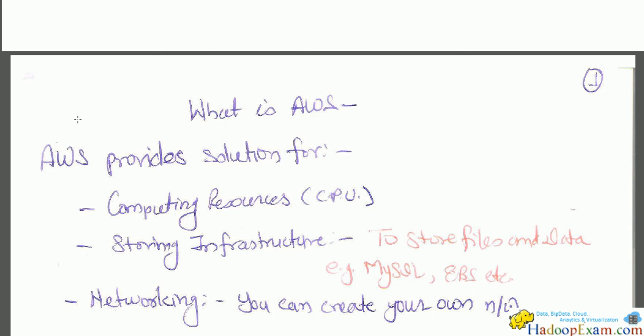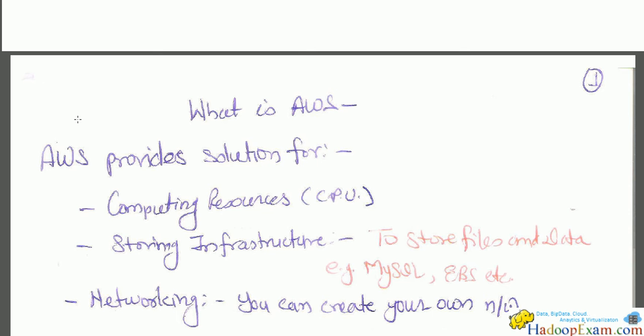You will get the computing resources in the form of EC2 instances, Elastic Compute Cloud version 2 instances, and then storage infrastructure using S3 storage, then database storage like MySQL, Elastic Block Storage, RDS, etc. These are the various terms I'm mentioning right now, but don't worry if you don't understand them.